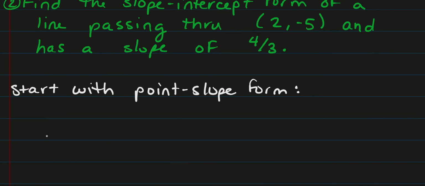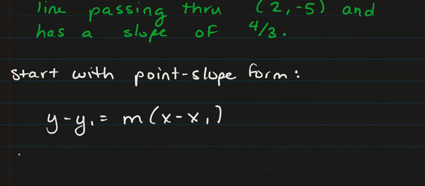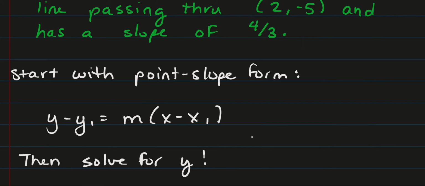Remember that point-slope form is y minus y1 is m times x minus x1. We're going to plug in all the important information in here, and then we're going to solve for y. If you solve for y, you're going to get it in slope-intercept form.